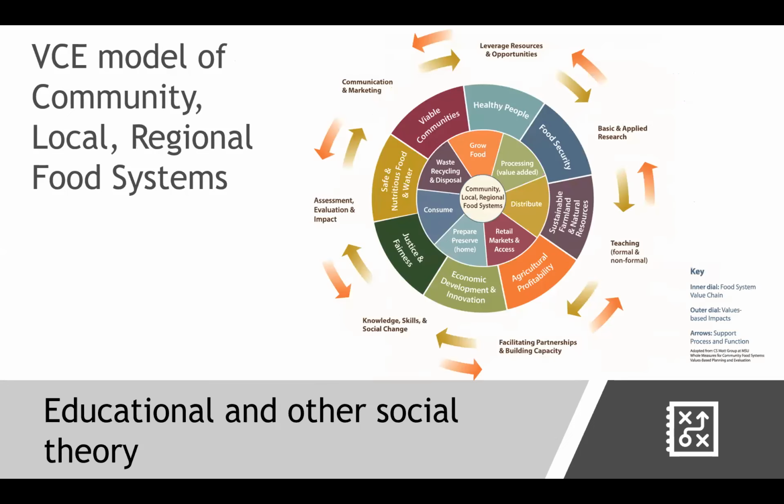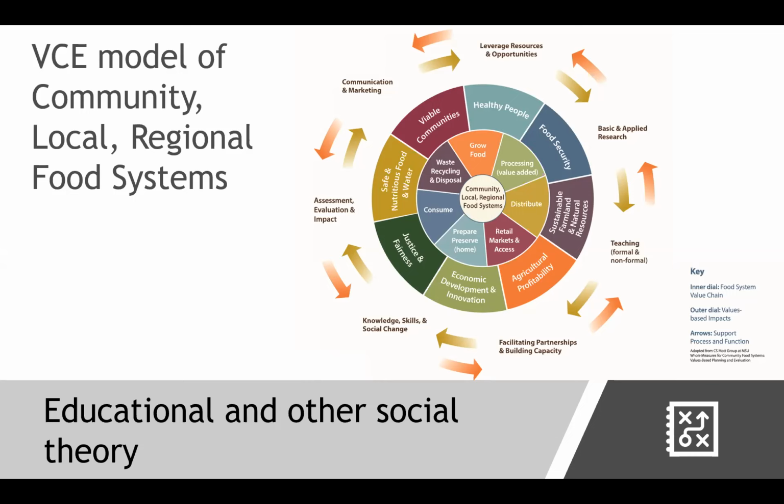Based on that, here in Virginia, the Virginia Cooperative Extension program team focusing on community, local, regional food systems has developed a theoretical conceptual framework for thinking about food system work as a whole, which once again just provides insight on probably medium to long-term outcomes of the types of programming we're talking about today.